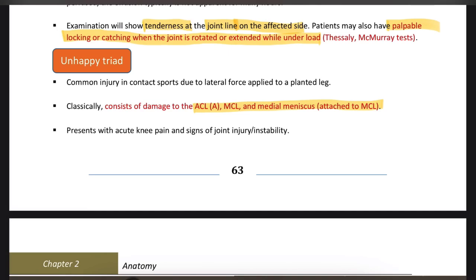We have already covered the anterior cruciate ligament, medial collateral ligament, lateral collateral ligament, unhappy triad and meniscal tear.